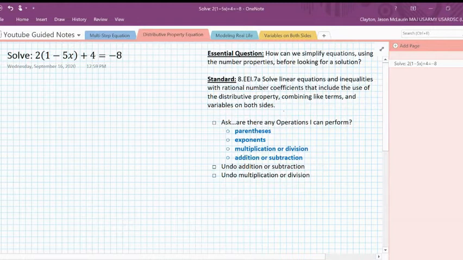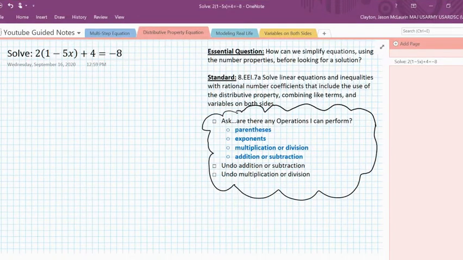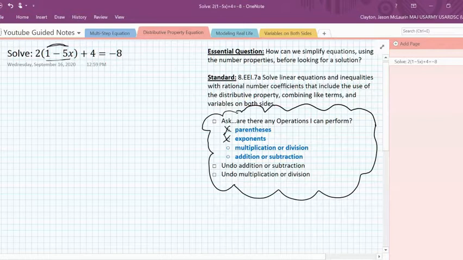In this problem, the distributive property is multiplication. We see parentheses, but if we look, there's nothing inside this parentheses that I can simplify. So, no, there are no exponents, but there is multiplication. So because there's multiplication, I want to start by distributing.